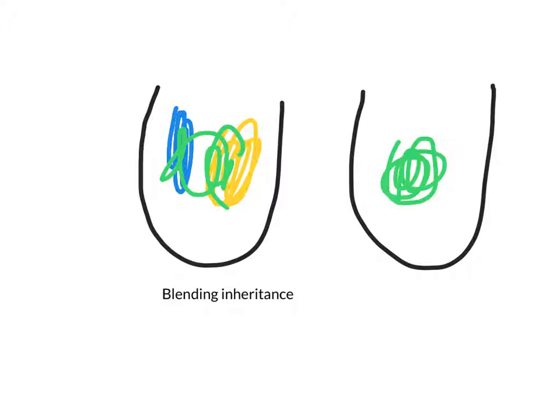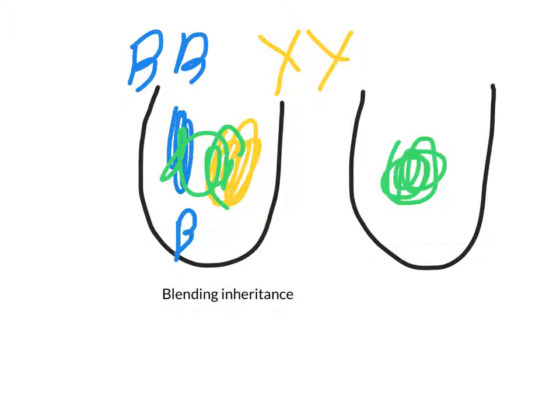If you had an individual with parents who were, let's say, blue or yellow, and you formed an offspring that was blue, yellow, you would end up with a green offspring, and in this case they would be suboptimal. In other words, it would dilute the fitness of the individual, right?